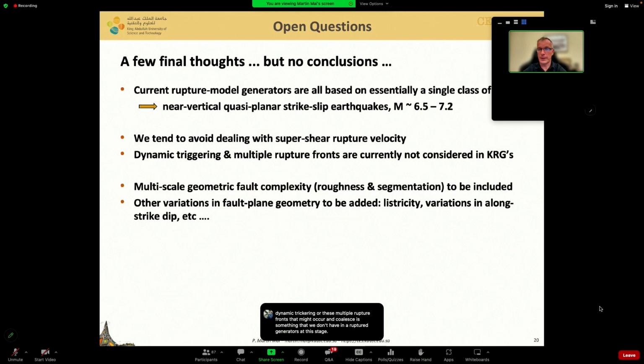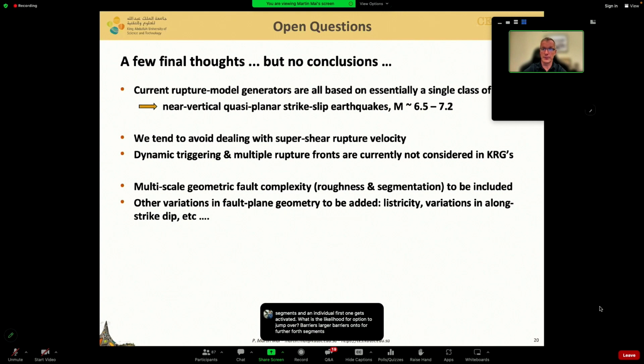What we are also missing is this multi-scale geometric fault complexity. So we do include roughness, and we train and develop rupture model generators that include roughness, like Savran and Olsen's work, but we haven't included larger-scale segmentation, so that if we have multiple fault segments and an individual first one gets activated, what is the likelihood for rupture to jump over larger barriers onto further fault segments?